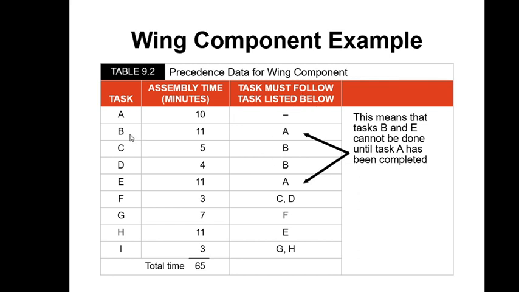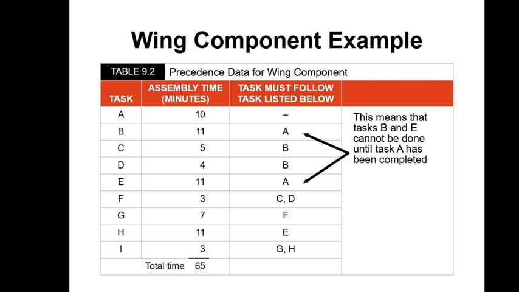Now, for example, you cannot start task B unless A is already completed. Meaning, what is the preceding activity for B? A. It means that you cannot start doing activity B until task A is already completed.